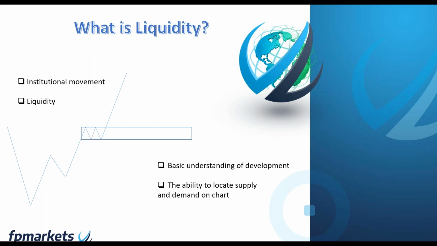Liquidity. So another important aspect to be aware of, I believe, is liquidity. I guess the more appropriate title for this section would have been the psychology behind supply and demand, or maybe even the order flow behind supply and demand.